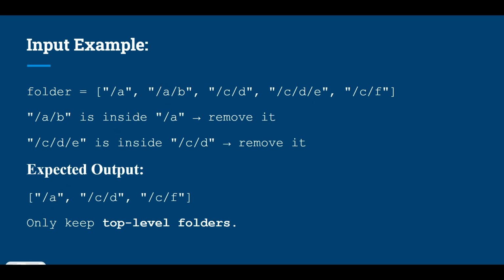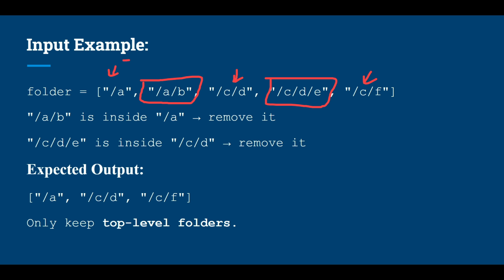So what are the subfolders in this list? This is a subfolder, and this is a subfolder, and the rest are parents. This is a parent, this is also a parent, right? So these are parents. We will keep the top level folders.